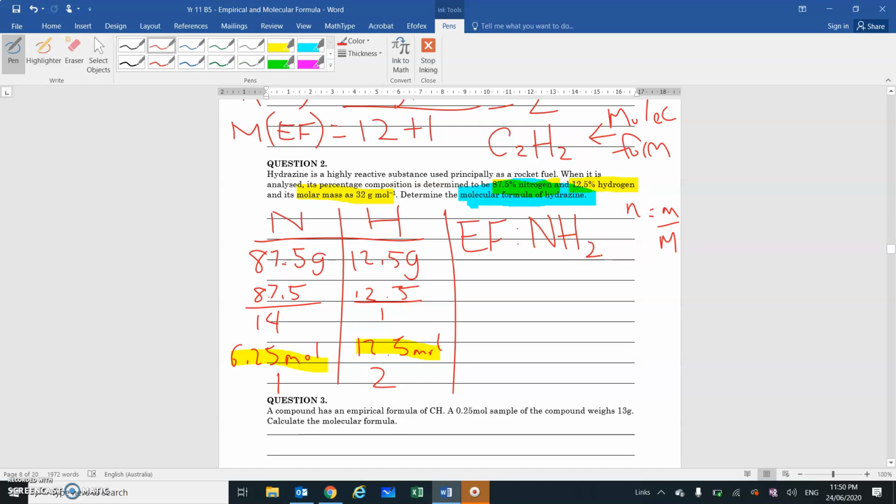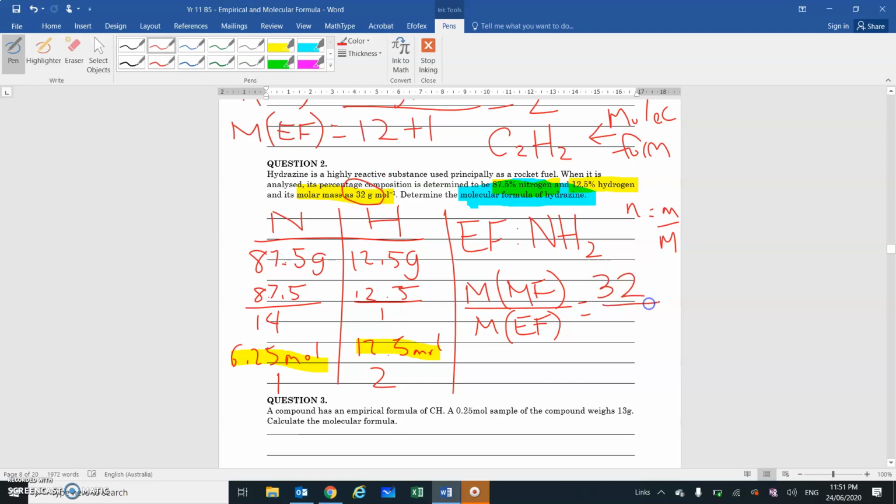Now we need to find our molecular formula. To find the molecular formula, we take the molar mass of the molecular formula divided by that of the empirical formula, and that will tell us the ratio. For the molecular formula, we are told that the molar mass is 32 grams per mole.